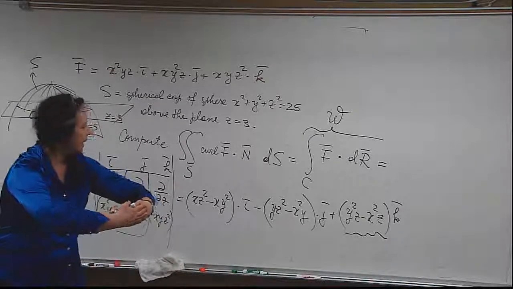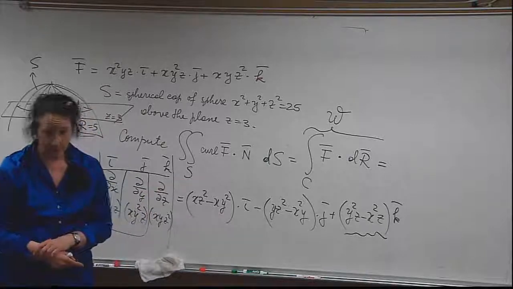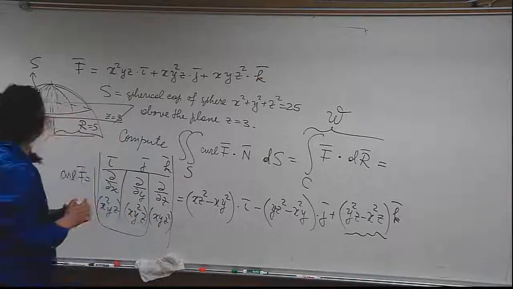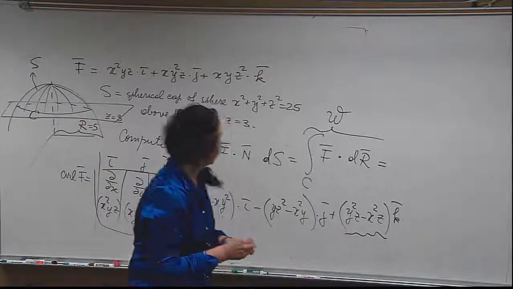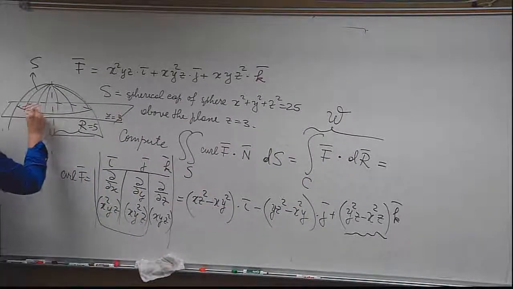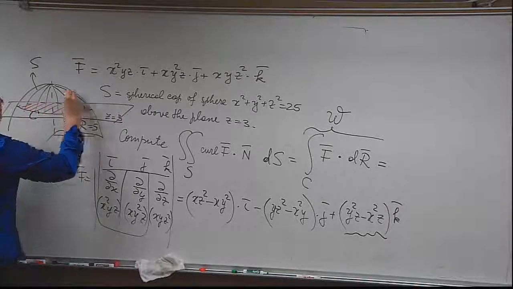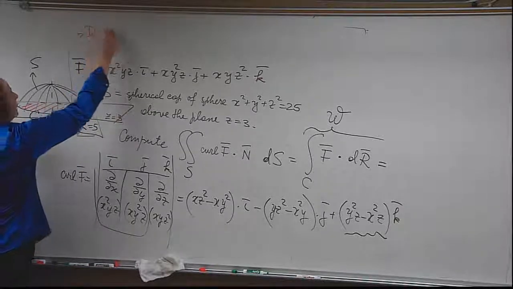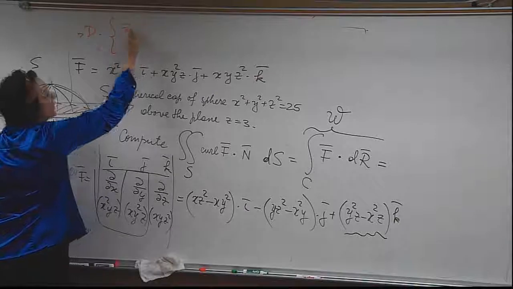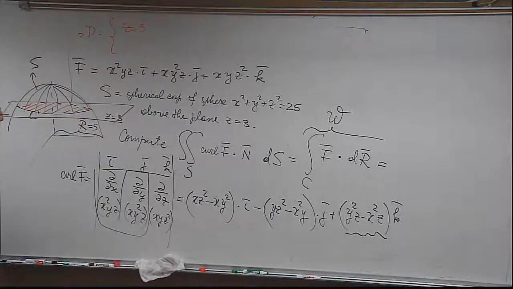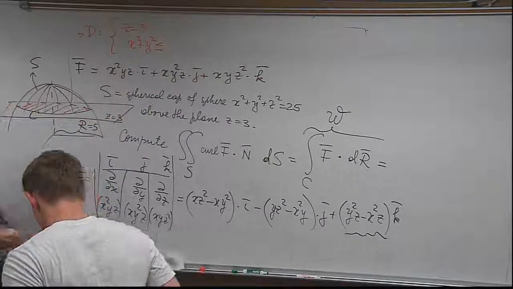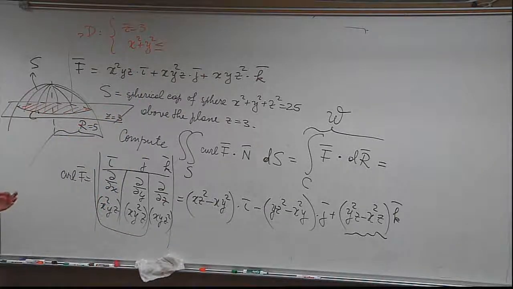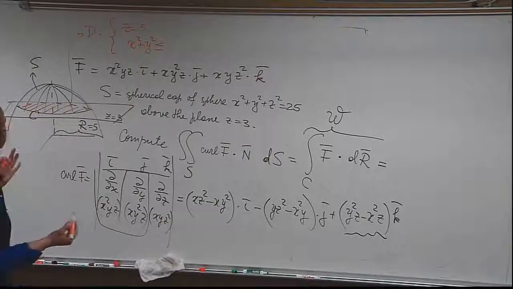So I say, the heck with the S, right? I want a D, and I want that D to be colorful because life is gray enough. Let's make it D. That D has what meaning? z equals 3. I'm at the level 3, but also x squared plus y squared must be less than or equal to something. Could anybody tell me what that is? 16.